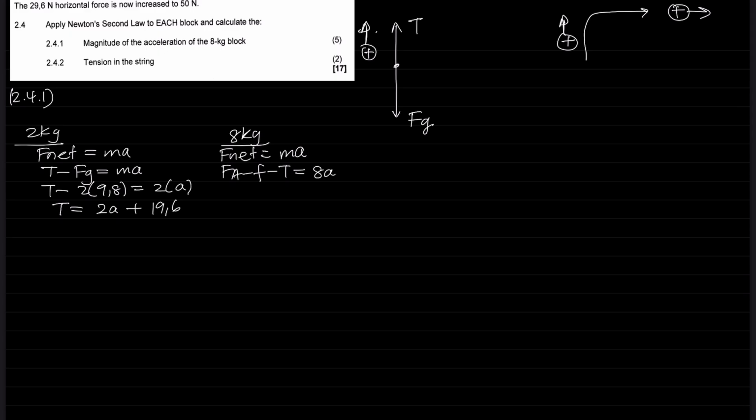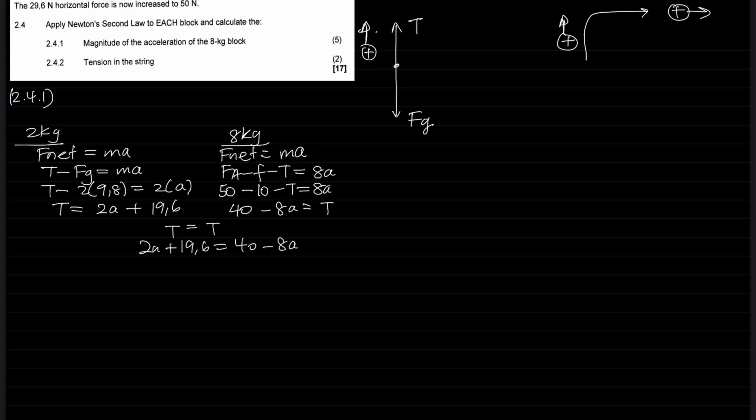Now the force applied is 50, the friction is still 10, minus T equals 8A. That means 40 minus 8A is equal to T. Now we know that the tension is going to be the same in both, so we can equate. That means 2A plus 19.6 is equal to 40 minus 8A.